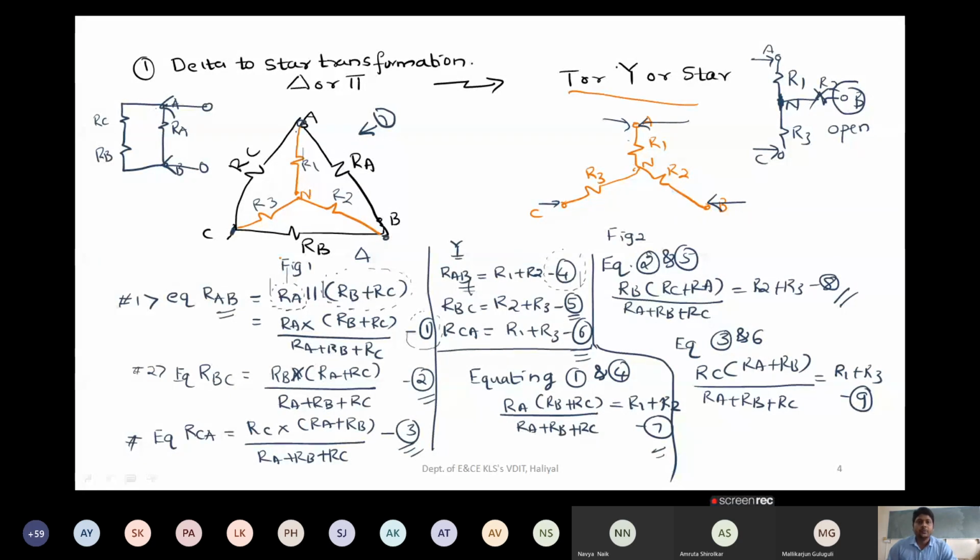So there are 2 ways to remember this. Anyway, in the denominator we have the summation of all the resistances RA, RB and RC, so that is not a problem. So if you are calculating R1, then you have to multiply the adjacent resistance values. So adjacents are RA and RC. This is the first method of remembering.